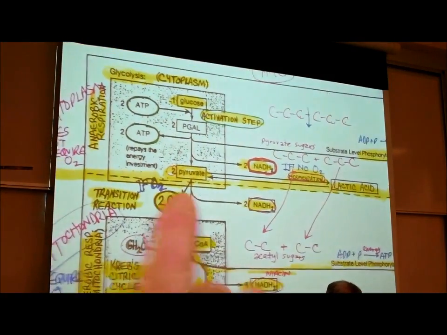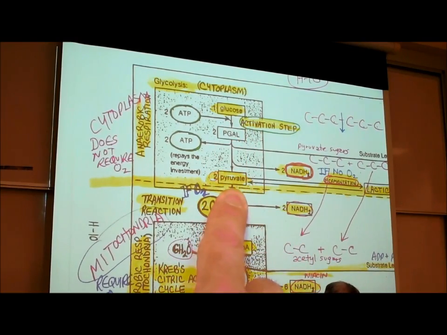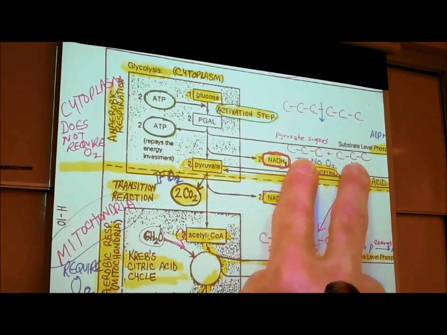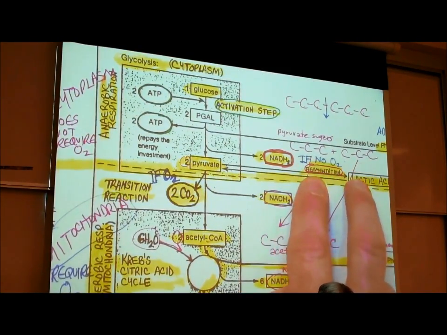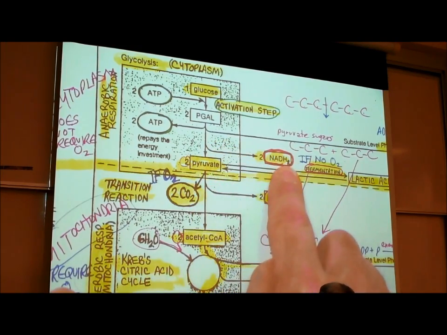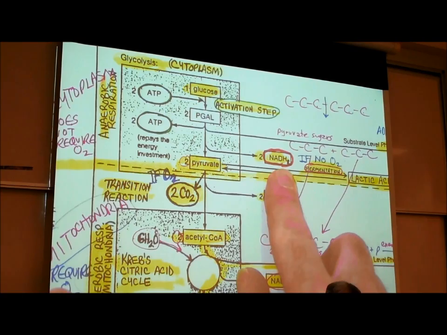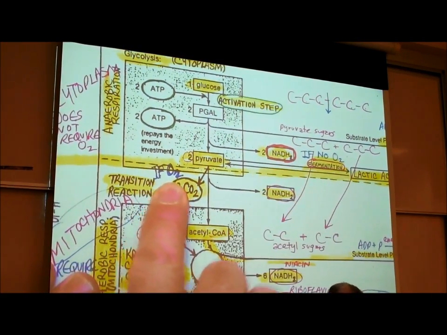Glucose was split in half into two pyruvate sugars. These represent the two pyruvate sugars right here. They're each 3 carbon atoms big. In addition, 2 NADs were removed, each one removing a pair of hot potato hydrogens. Now let's assume oxygen is available.